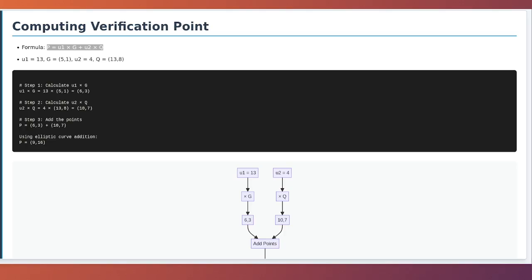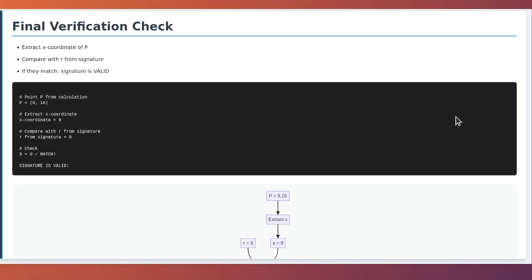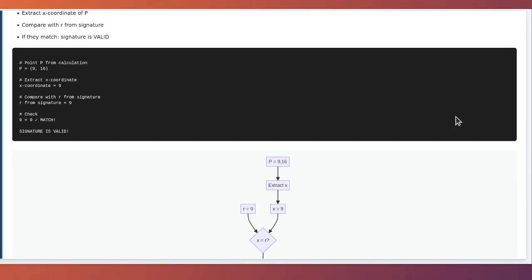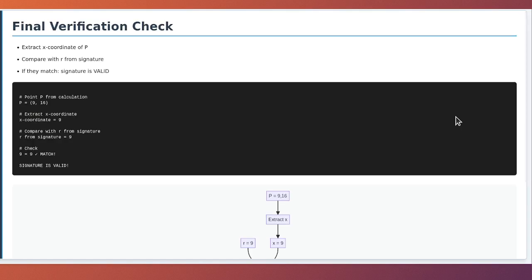Now we have 2 points. U1 times G equals 6, 3, and U2 times Q equals 10, 7. We need to add these together using elliptic curve point addition. Final verification check. We add the 2 points together, the point 6, 3 plus the point 10, 7.